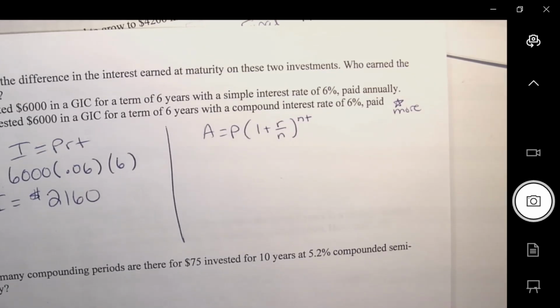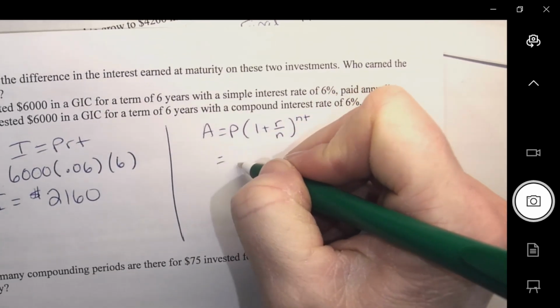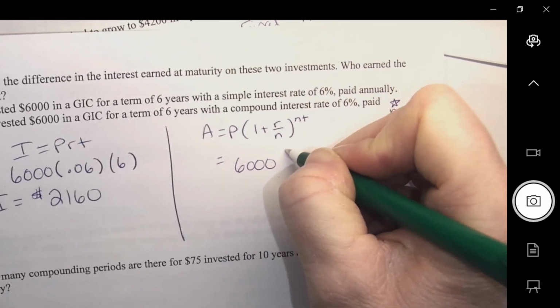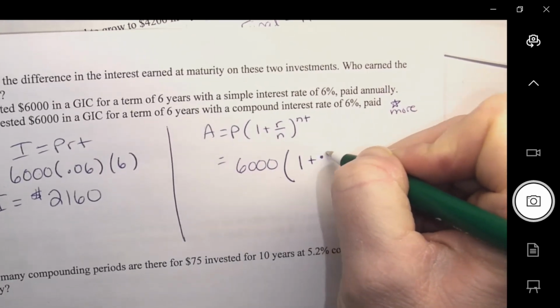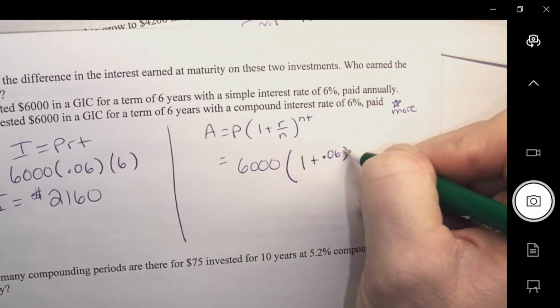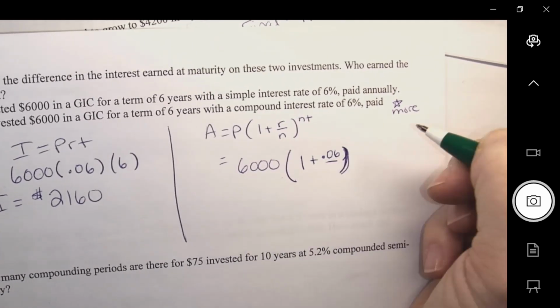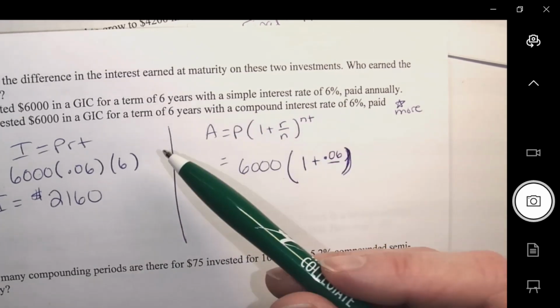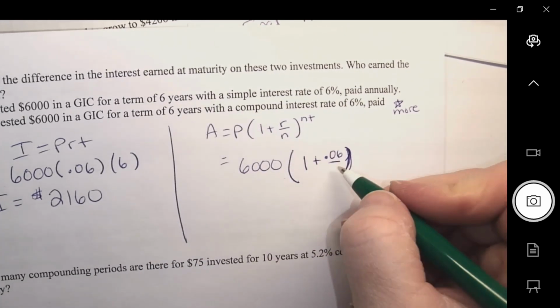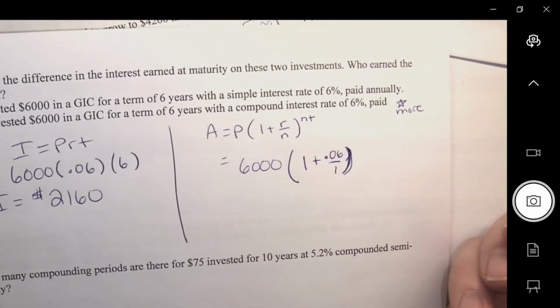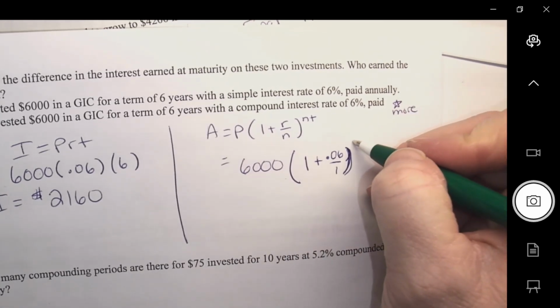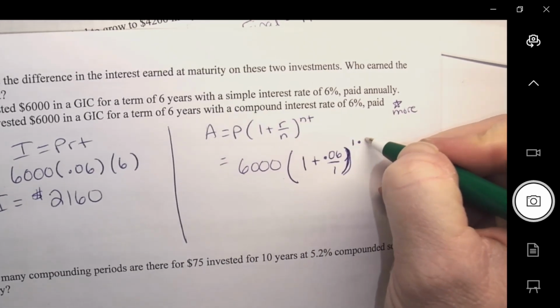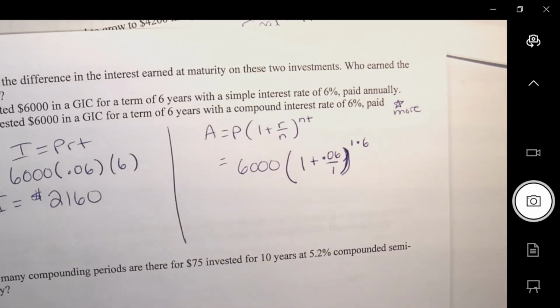Okay, the second person's 6,000, 1 plus 0.06 divided by, so it's paid annually, so just divided by 1, each year for 6 years.